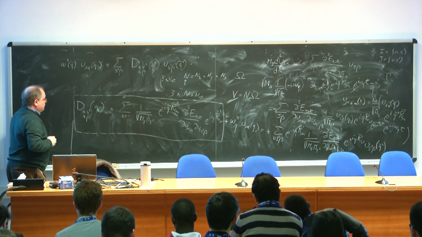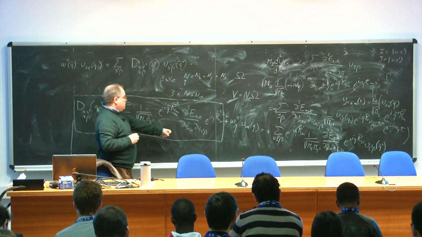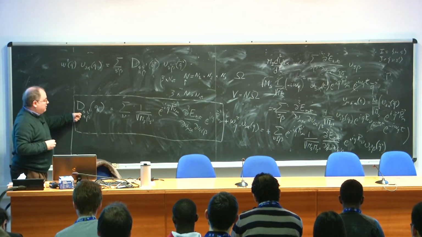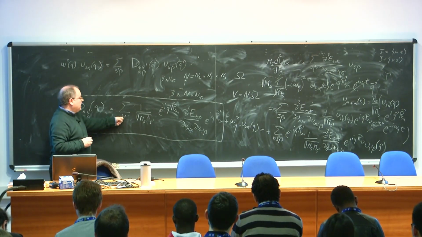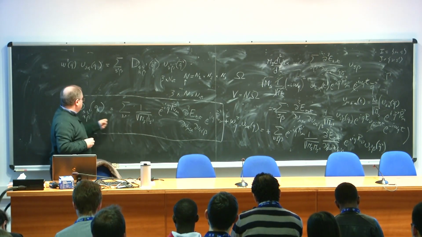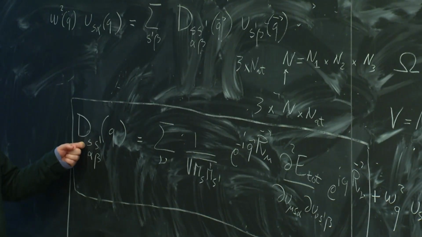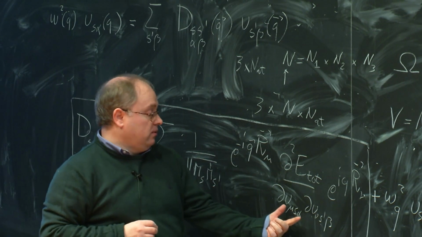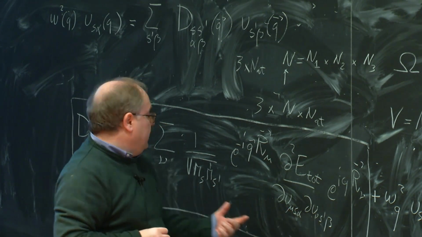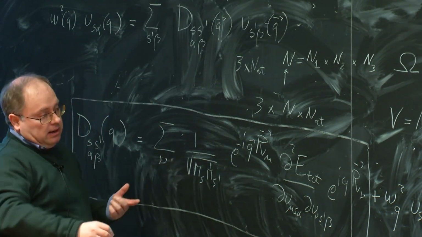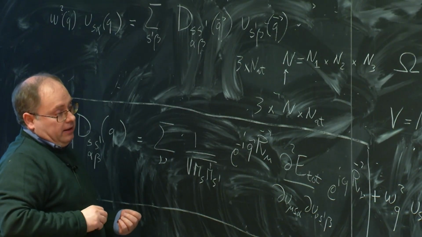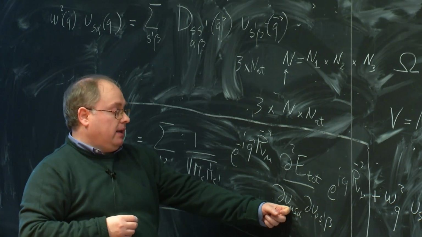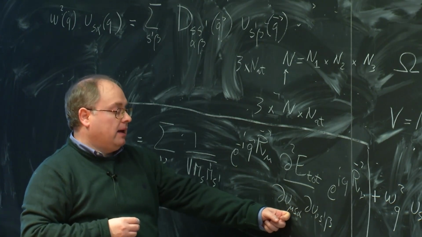One point: you see that here there was an index mu. And here I have added only nu. So in principle, here there might be some dependence on mu. But you have to think that here we are summing over all the unit cells of a solid and looking at one particular atom.